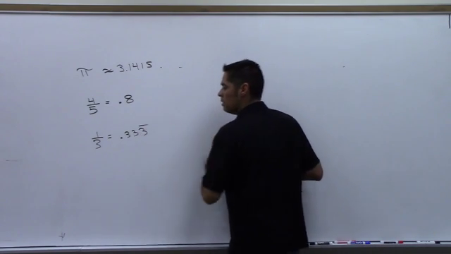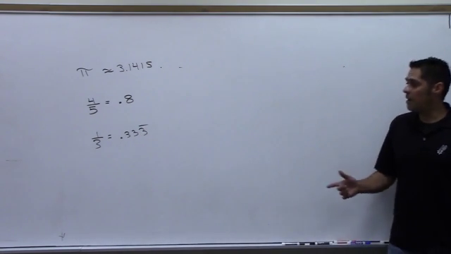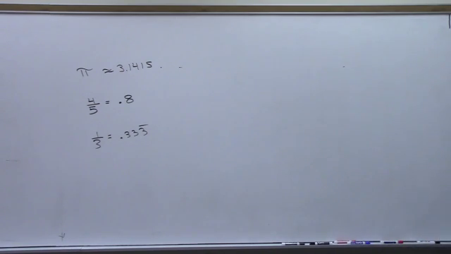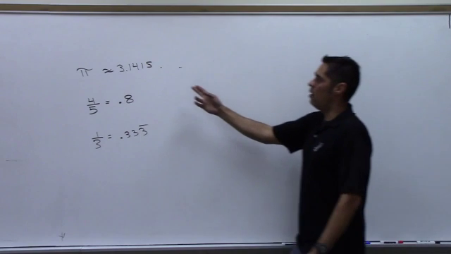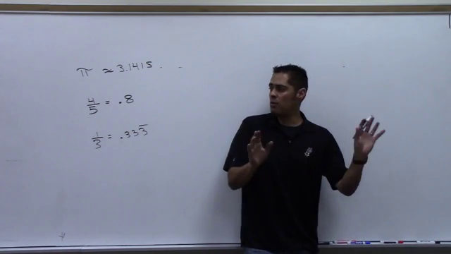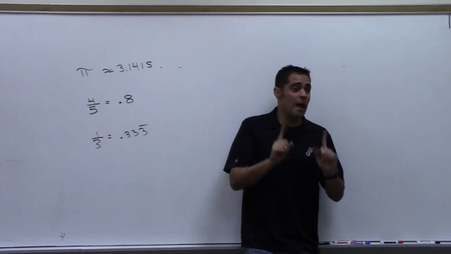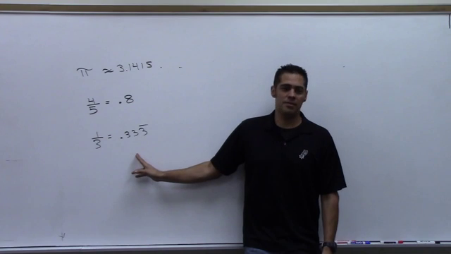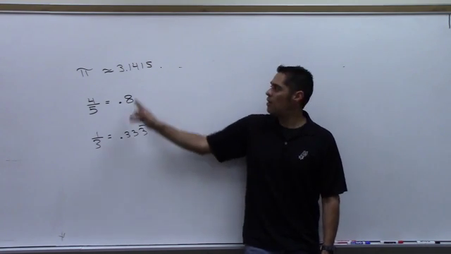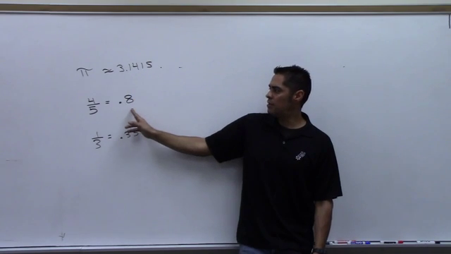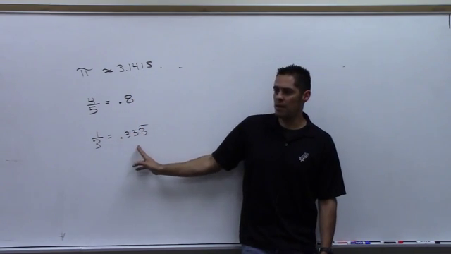But it repeats itself. It's always 3, 3, 3, 3. So all irrational numbers never stop, never repeat. All fractions must either stop or repeat at some point. So we call this a non-repeating, non-terminating decimal. This is a terminating decimal. This is a repeating decimal.